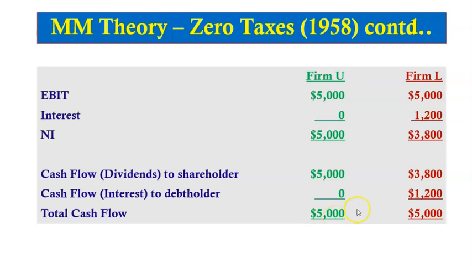So we see that both the firms have the same cash flow. The only difference is that all the earnings are paid as dividend to shareholders in the unleveraged firm and only $3,800 are paid as dividend to the shareholders in firm L. It is because $1,200 needs to be paid as interest to the creditors in firm L. The total cash flow here is the free cash flow to the firm.